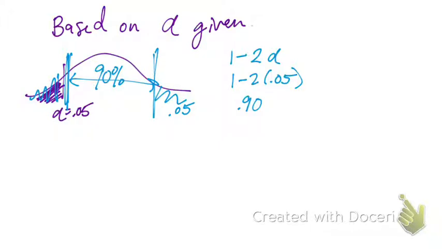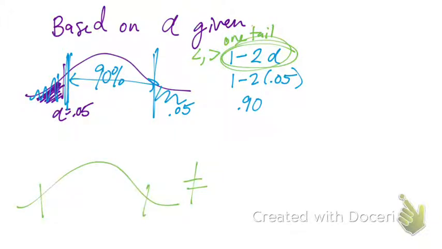So if it is a one-tail test, like a greater than or a less than, then to find your confidence level, you do 1 minus 2 alpha. If it is a not equal to test, then 0.025 would go on either side.